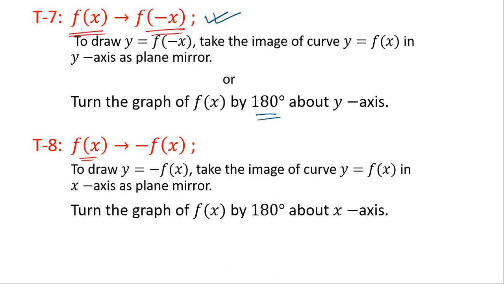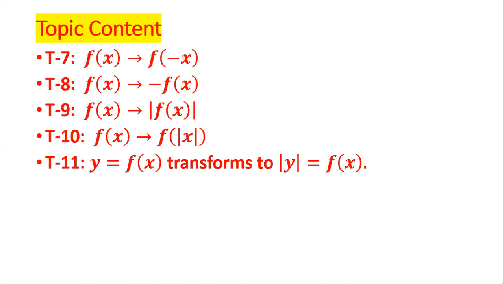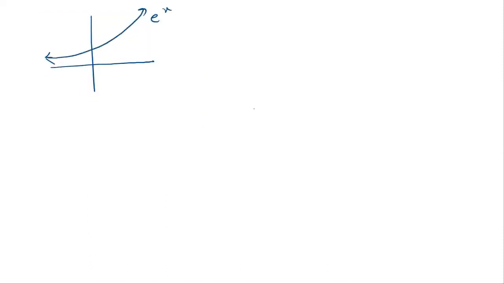What does it mean? Let me take one example, let me say, e power x. This is a very well known function, e power x. The graph is like this. Now according to the statement, you should rotate the graph 180 degrees about the y-axis.